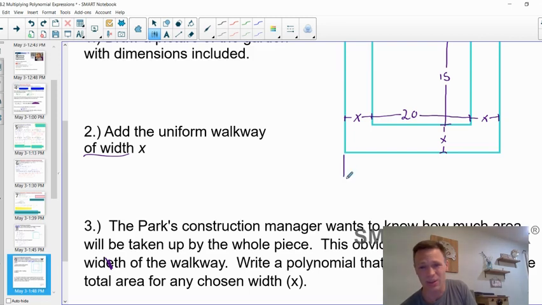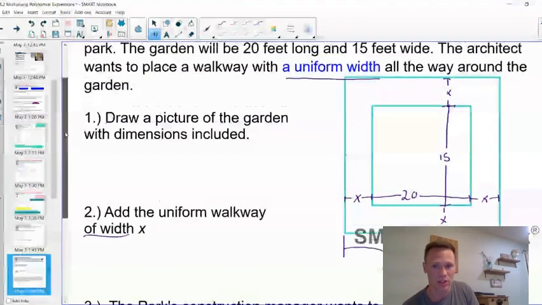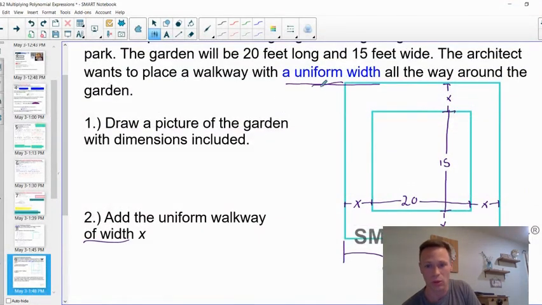So that means I need to know the distance from here to here, right? Well, what is that? I know the inside part is 20, but we need to add an x to it and an x here. So it's really 20 plus this x plus that x. How many x's are there? There's 2, so it's 20 plus 2x from there to there. Then the other dimension, going this way, is going to be that 15 from here to here.